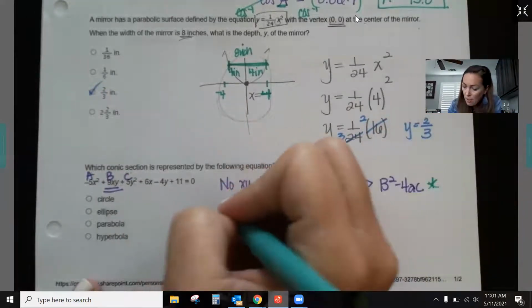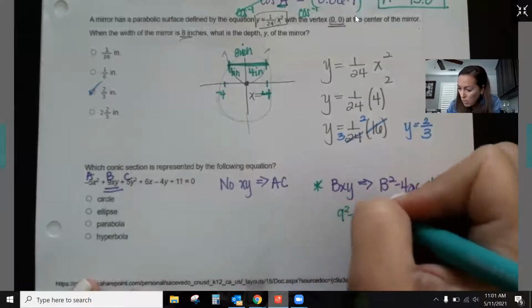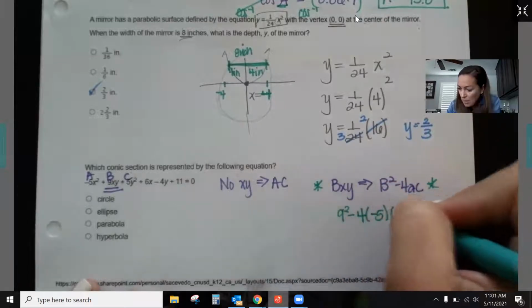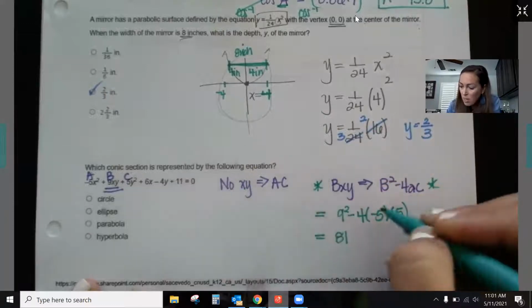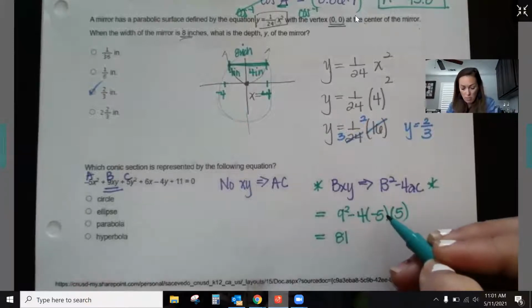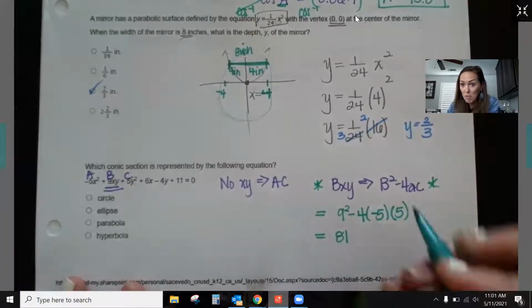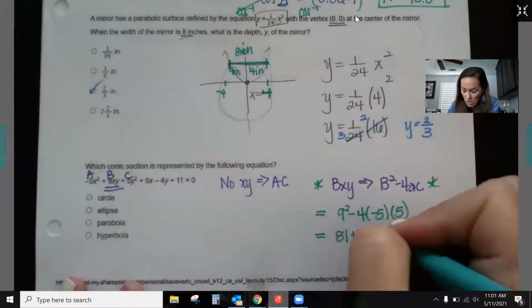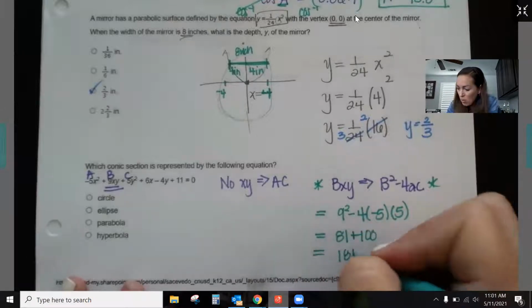So I have that b squared, so 9 squared minus 4 times -5 is my A, my C is 5, and I end up with 81. -4 times -5 is positive 20, times 5 is positive 100, so it's going to be plus 100, and this is going to give me 181.